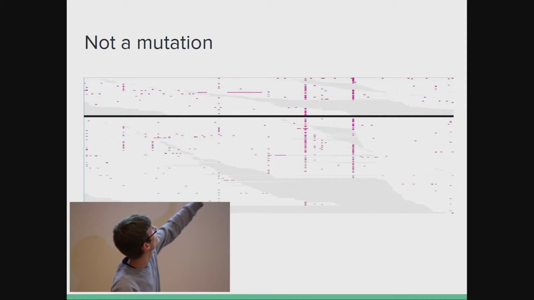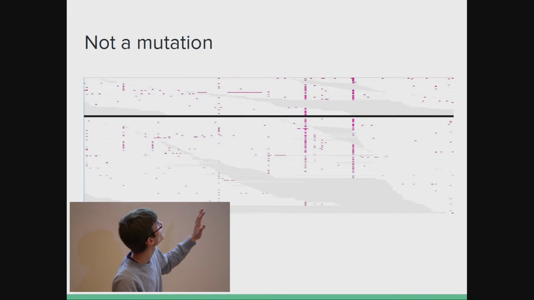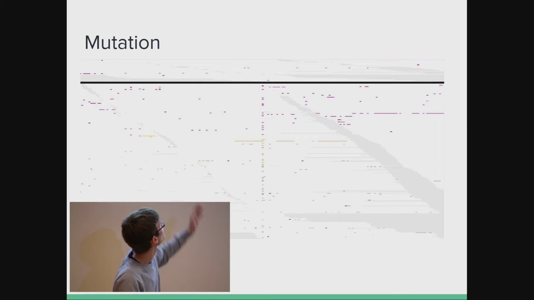But there are also these interesting points, these vertical points, where individual references are clearly mutated. This here would not be a cancerous mutation, because the same mutation is present in the healthy and the non-healthy cells. However, this is. You can see that there's a clear signal in the cancerous mutation, but that signal is not there in the healthy.